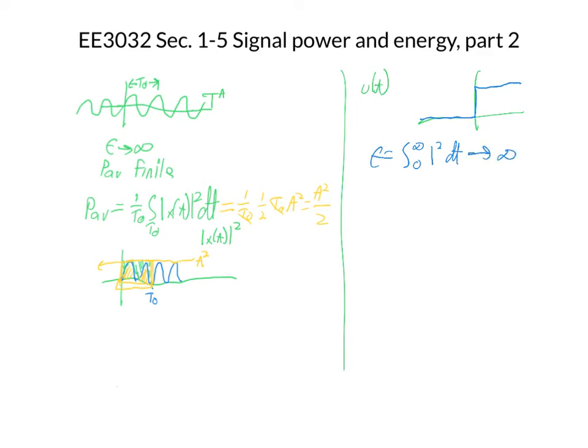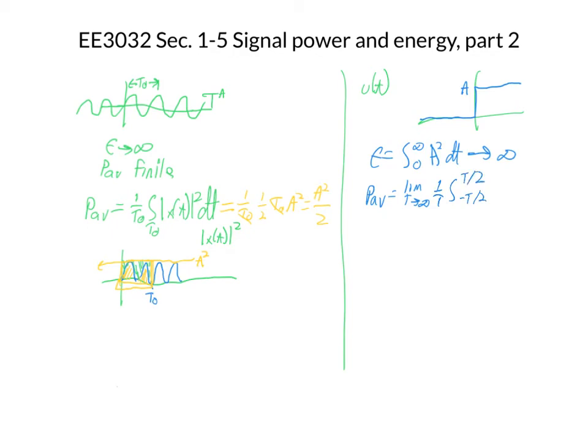But we can still take a look, and we would expect it to be a power signal. And actually let's make it amplitude A, and that'll be A squared. Okay, so now let's look at the power. The average power, this is not a periodic signal, so we have to do the limit as t goes to infinity of that value, divide by the value t, and go from minus t halves to t halves.